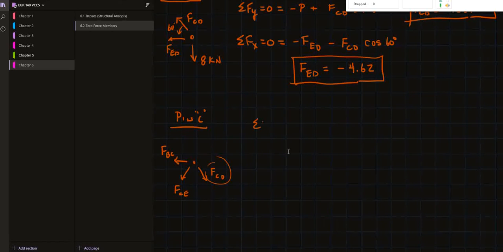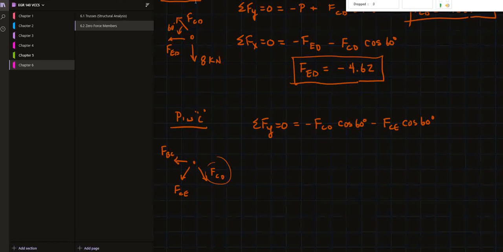If I sum forces in the y equal to 0, I get minus P. Oops, mistake, not minus P. I get minus force in CD times the cosine of 60 degrees minus my force CE times the cosine of 60 degrees. That's it.